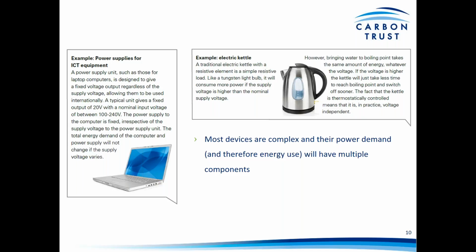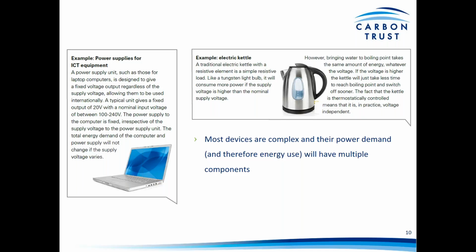Final example that we give here is of a typical electric kettle. This is often quite a good example to give actually when explaining voltage management techniques. So a traditional electric kettle with a resistive element is just a simple resistive load. Like a tungsten light bulb, it will consume more power if the supply voltage is higher than the nominal supply voltage. However, the difference here is that bringing water to a boiling point will always take the same amount of energy, no matter what the supply voltage.